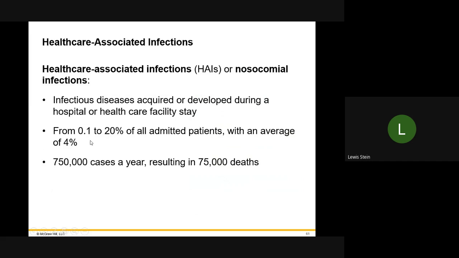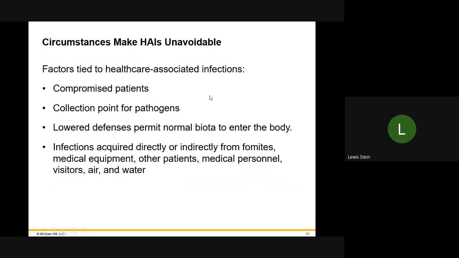That's still a big number, I think. Whenever this was written, let's say within the last 4 years when they crunched these numbers, nearly 750,000 cases, 75,000 deaths. That's very significant.